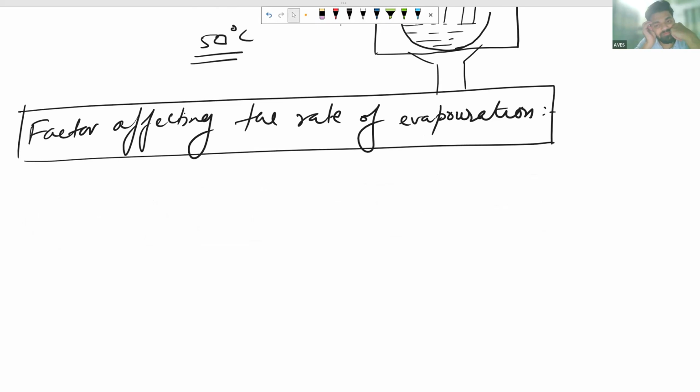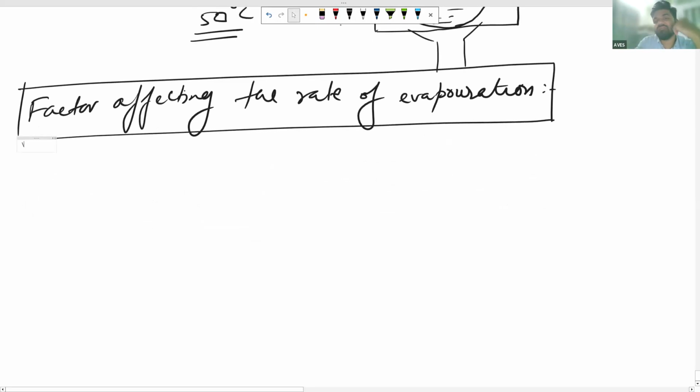Atmospheric pressure, yes, if you reduce the atmospheric pressure. Temperature, yes. Other factors? Surface area occupied by the liquid. Very good. Okay, so Asad, are you there?